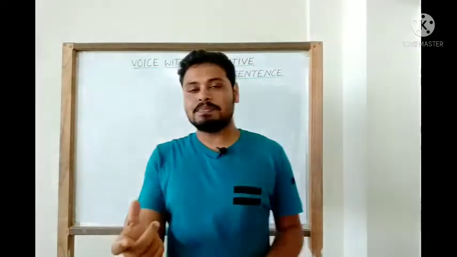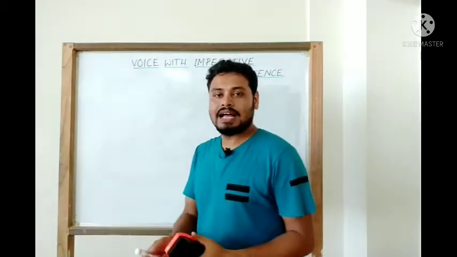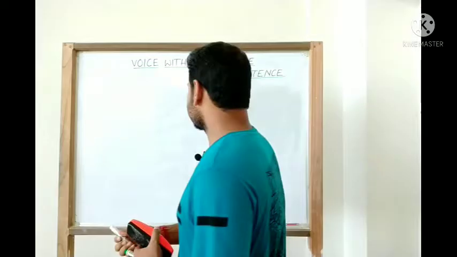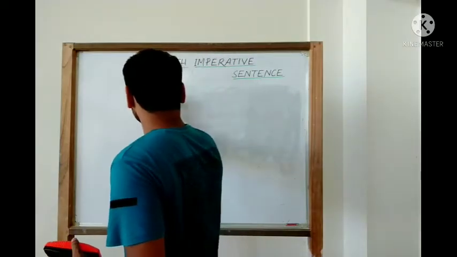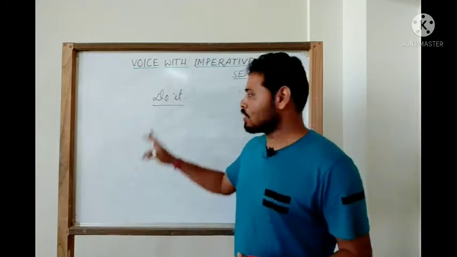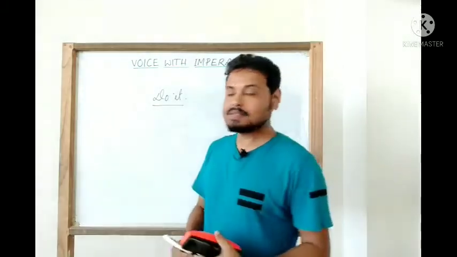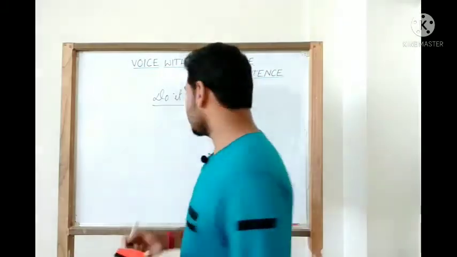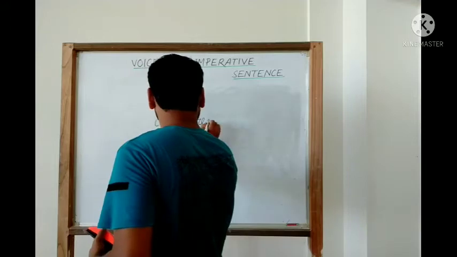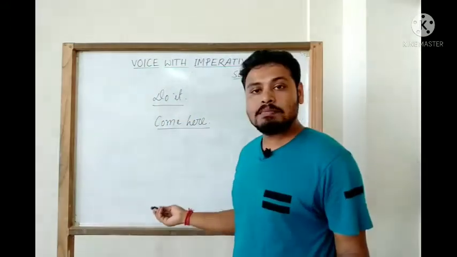Before going deep into that, let me just write something for you, and then let us see what happens. I'm just writing, do it. All of us know that is an imperative sentence. Let me write another one. Come here. That is also an imperative sentence.